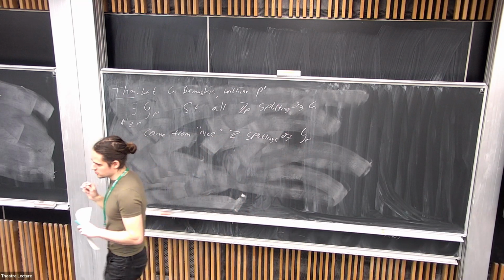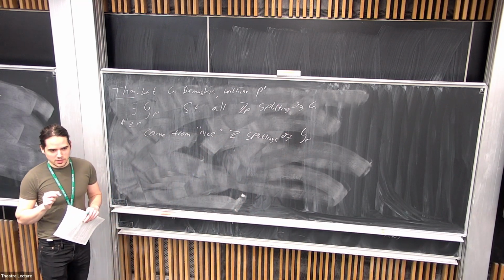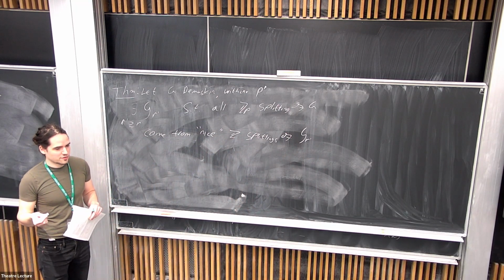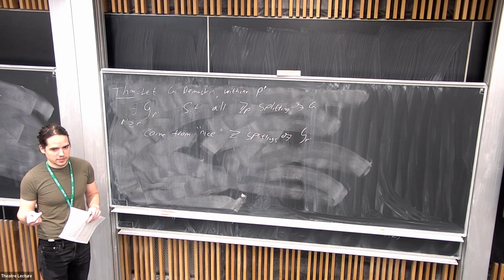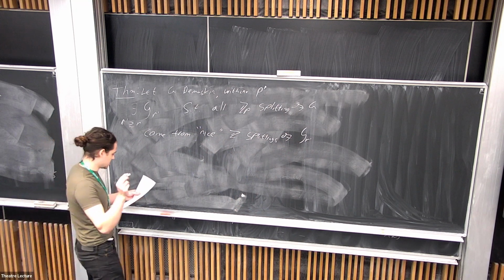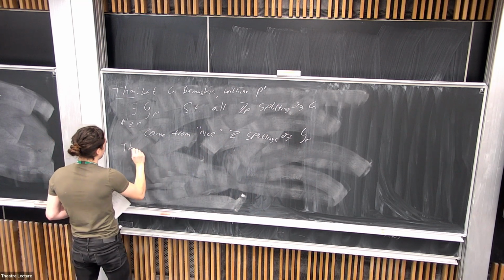So this means not only do we have many splittings over Z_P of our group, but also I can write down explicitly what they are. I'll come back to this in a few moments.